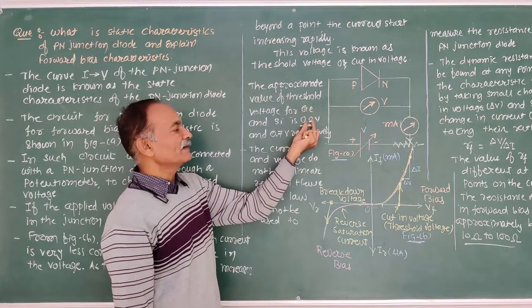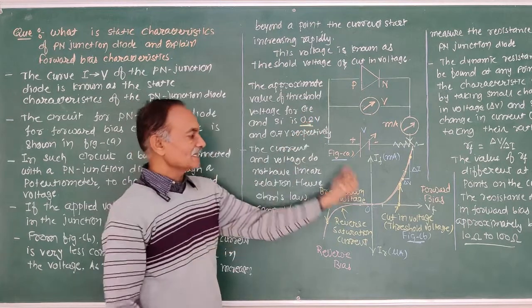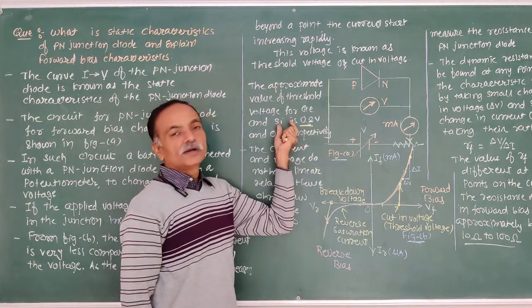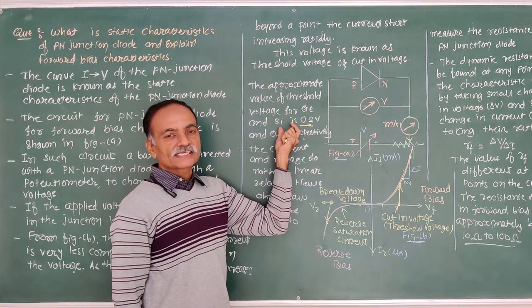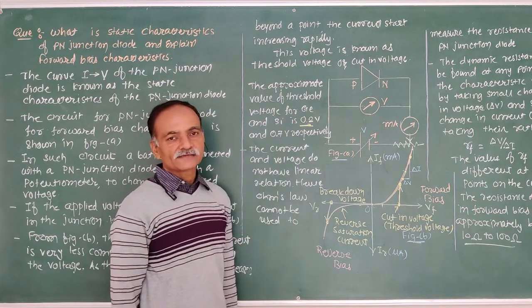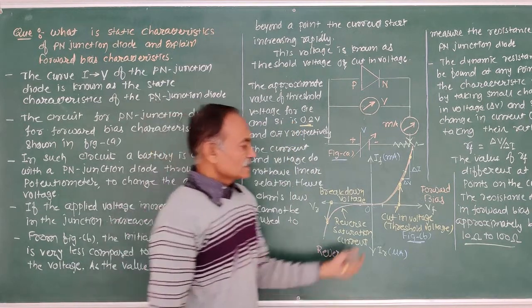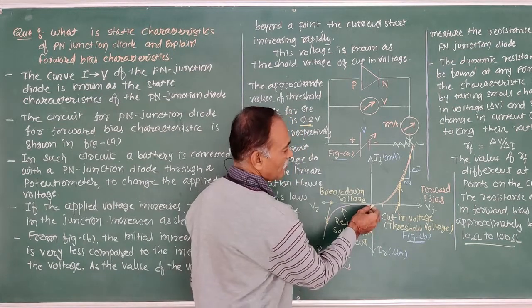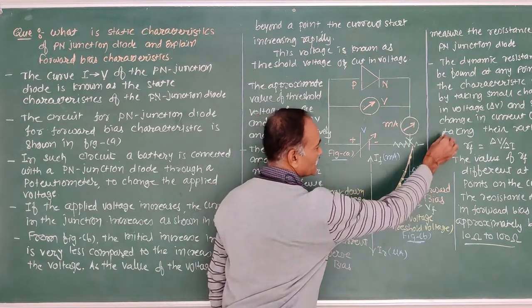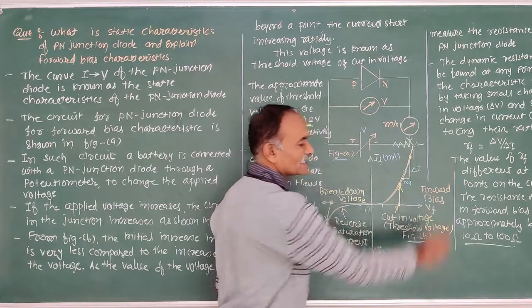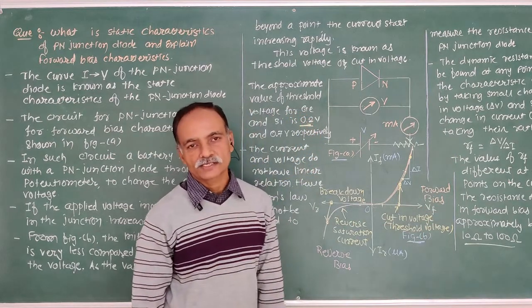That means for germanium it is 0.2 volt, and for silicon it is 0.7 volt. Right? For silicon, the graph is like this. There is a rapid increase after 0.7 volt.